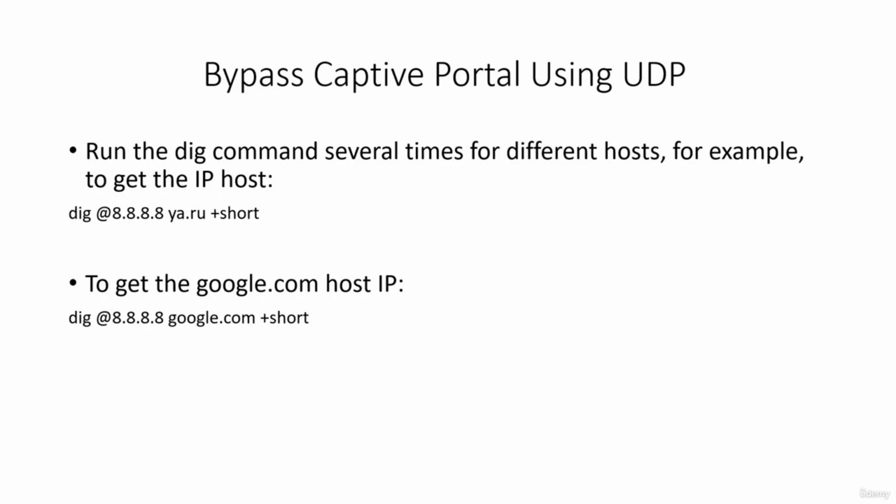You need to start by checking whether DNS queries are being spoofed, which usually they are not. To do this, just run this command in the terminal several times for several hosts. For example, to get the IP of a host, just type this.